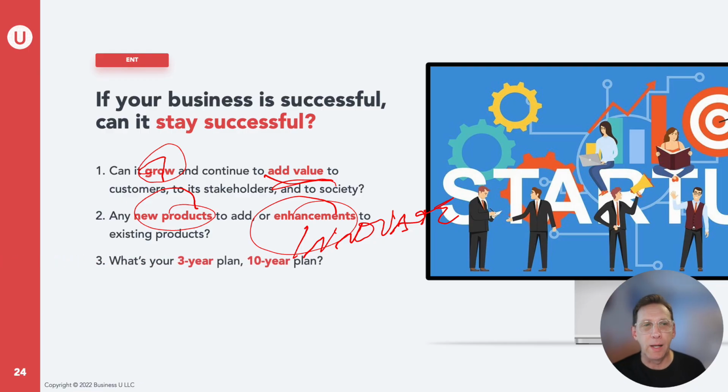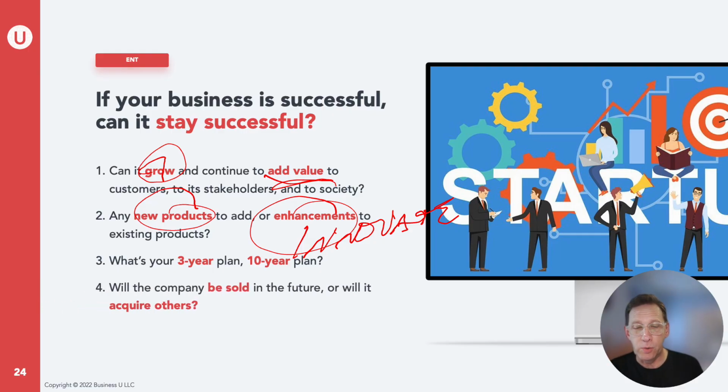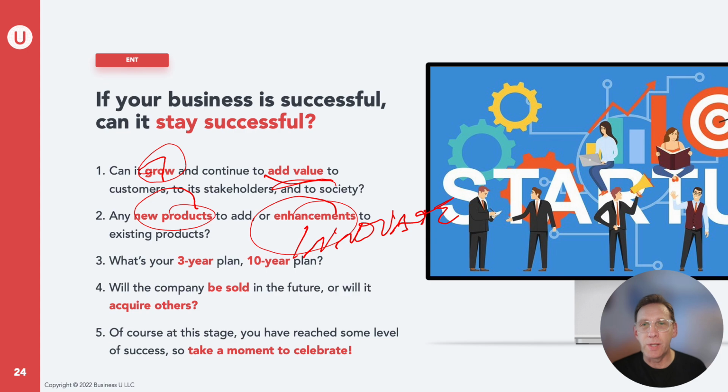What's your 10-year plan? Where are you going to take your business in the future? And will the company be sold in the future? Will you sell it to somebody else? Or will you acquire other businesses? And of course, at this stage, you have reached some level of success. So take a moment to celebrate. Yay, you did it. You've got your business up and running.